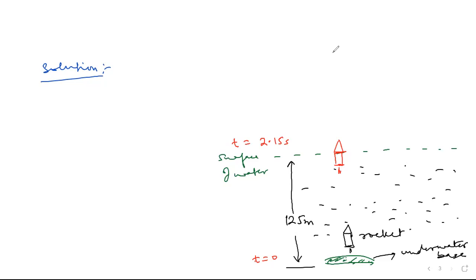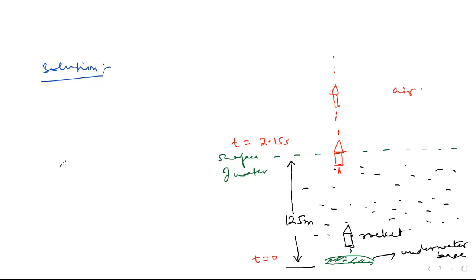So it continues to rise, right? So it continues to move. Right? So it continues to move in the air. So here we have air. Now we have to find the maximum height reached by this rocket, right? So let us solve this problem.